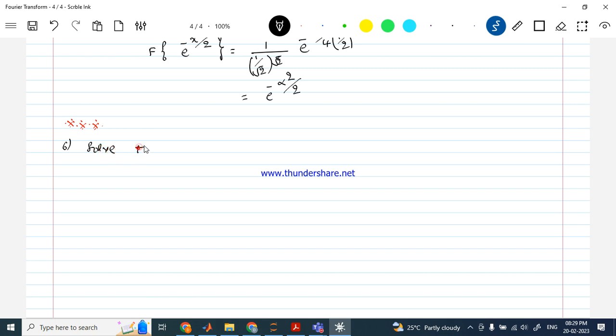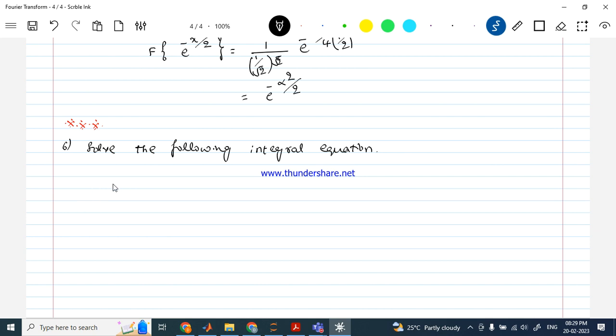Solve the following integral equation. Okay, so what is the meaning of this?